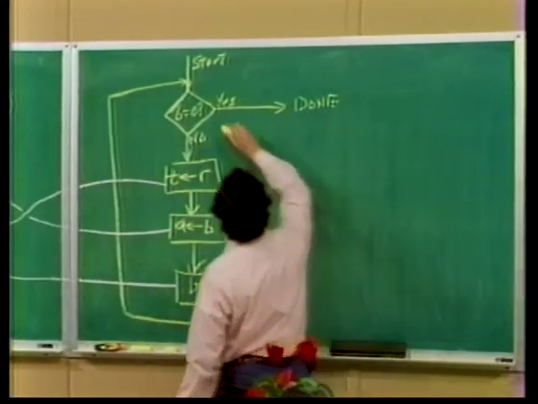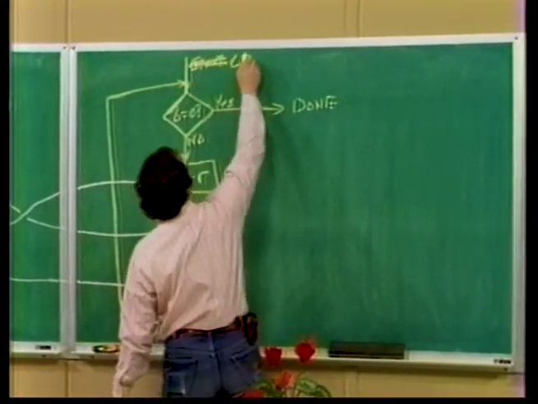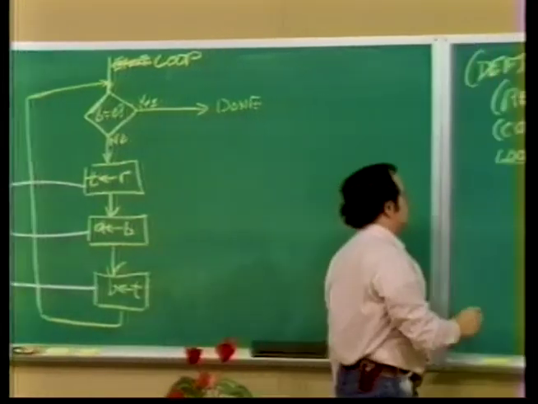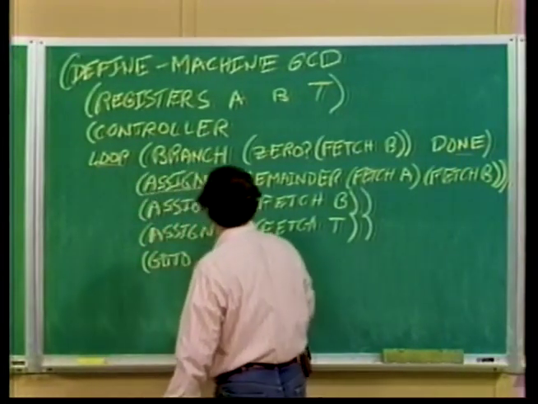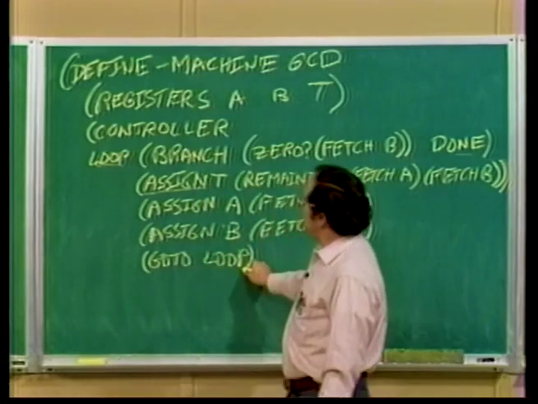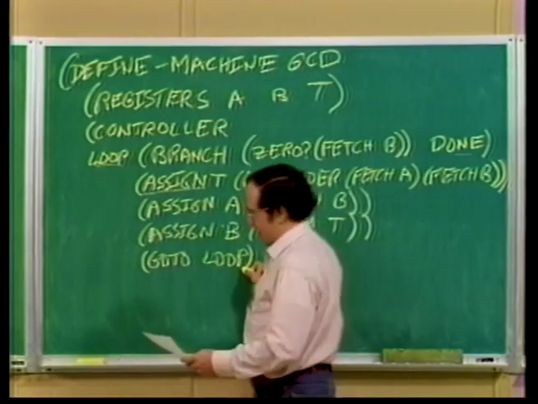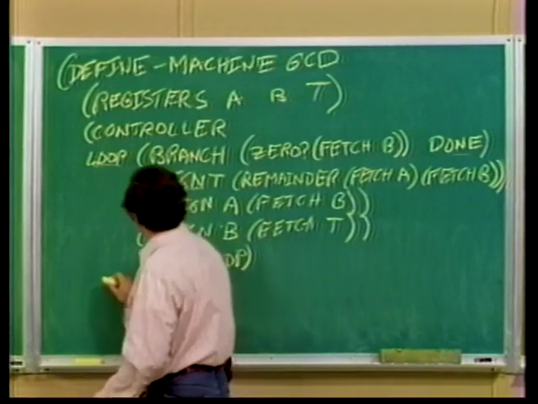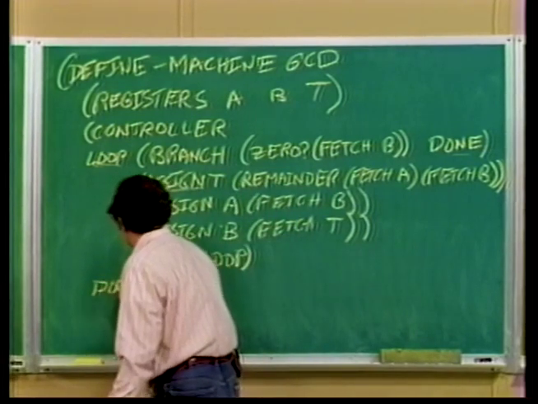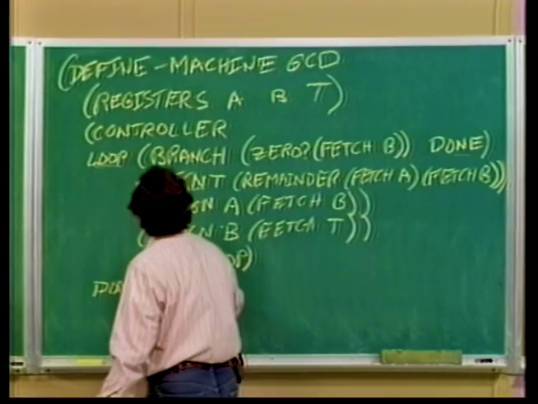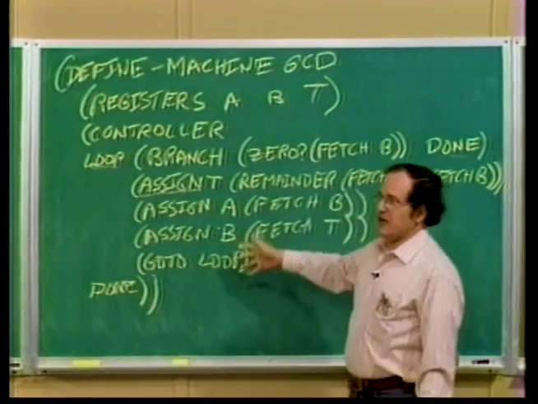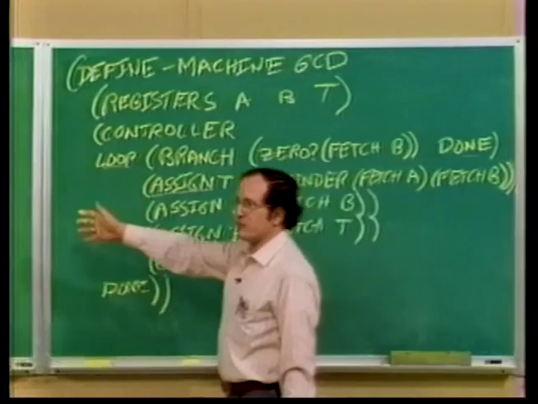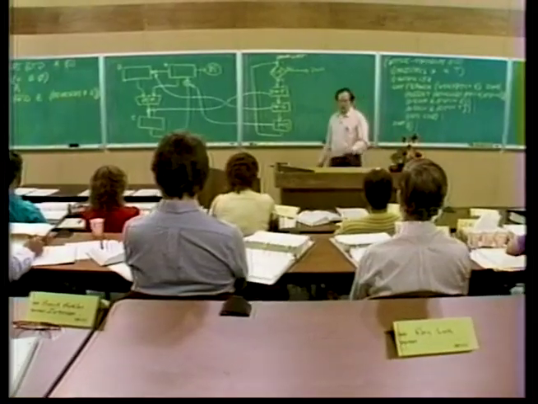I see, why don't I call that loop like I have here? Okay, so that's that reference, that arrow. And when we're done, we're done. We go to here, which is the end of the thing. So here's just a written representation of this fragment of machinery that we've drawn here.